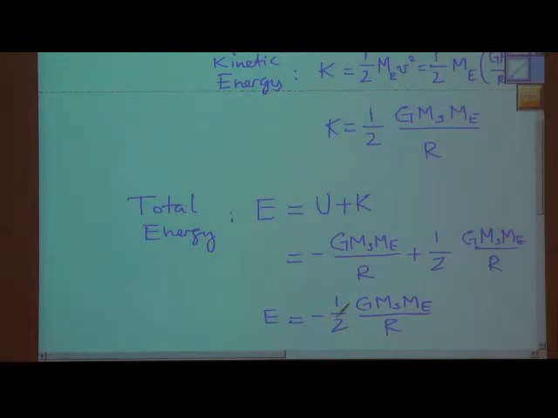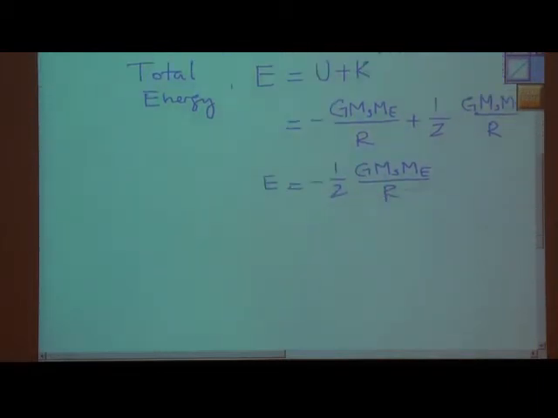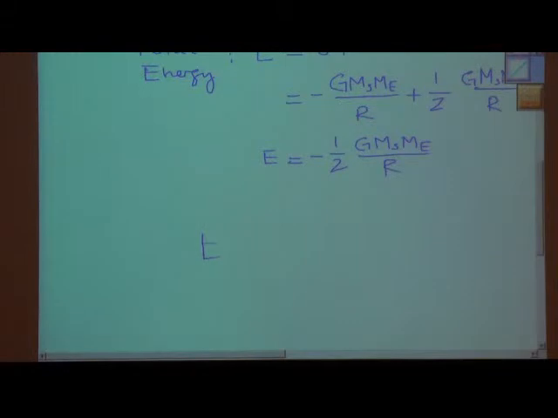And it's also half of the potential energy. Therefore, we can say that the total energy is half of potential energy or minus of its kinetic energy, which is known as the virial theorem.